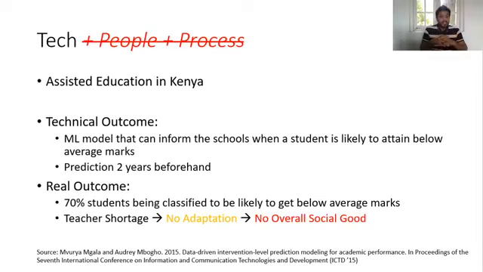And in this particular scenario, I'm going to talk about another use case coming from Kenya, where they used artificial intelligence to assist education. The technical outcome that they were looking for was that they collected some data from the school system and built a machine learning model that can predict if a student is likely to score below average in the final exam.